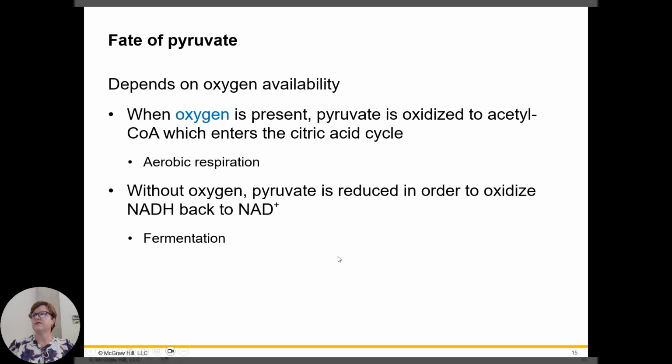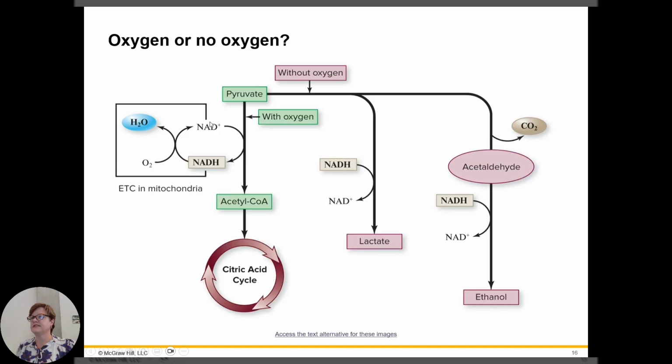Now, what happens to pyruvate? If oxygen is available, then pyruvate will move on to stages 2, 3, and 4 of the aerobic respiration that I'm teaching you right now. However, if there is no oxygen present, fermentation will happen, or anaerobic respiration, which I didn't list. Usually fermentation is the backup. Glycolysis can happen no matter if there's oxygen or not, but then that point becomes the decision-making point.